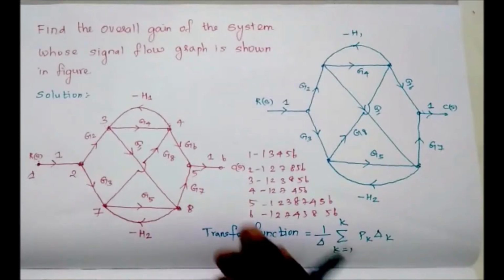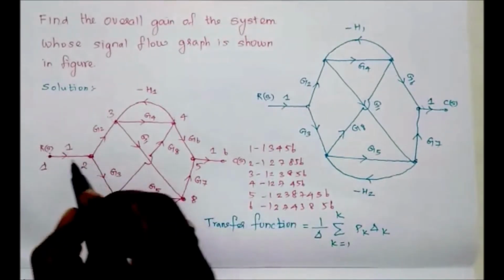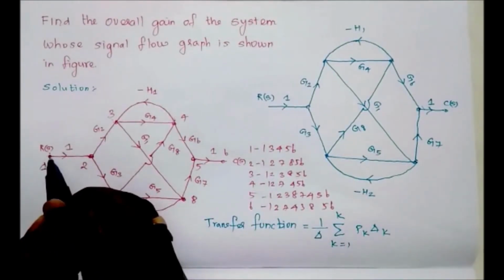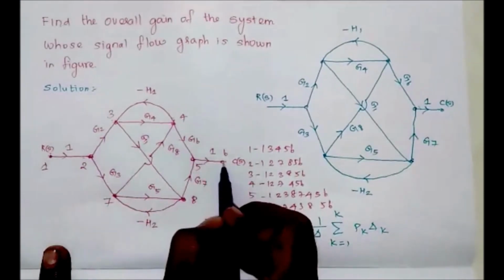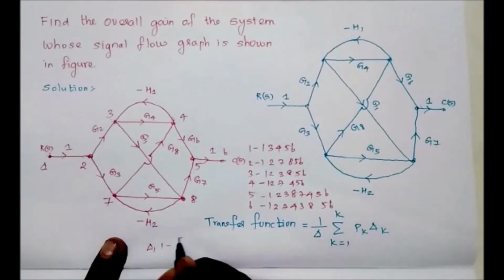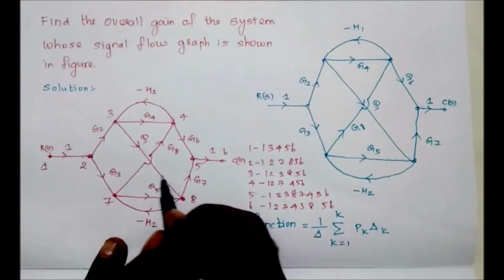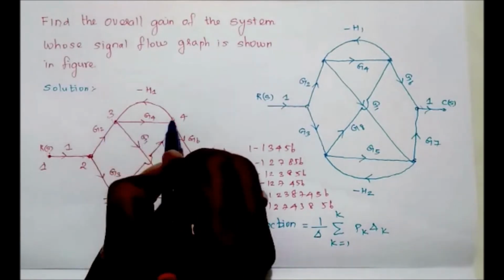So now this is the given problem. First, suppose this is the first forward path. The forward path is 1 2 3 4 5 6. For del 1, it is 1 minus the part of the graph not touching the first forward path.